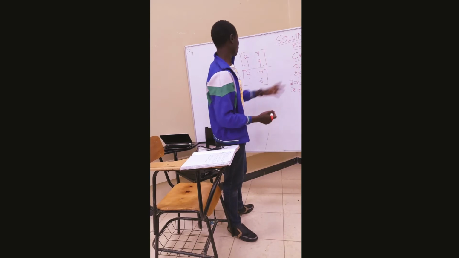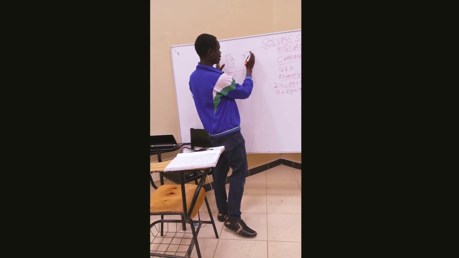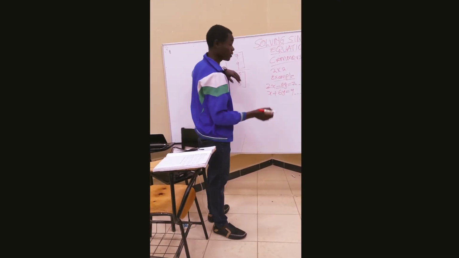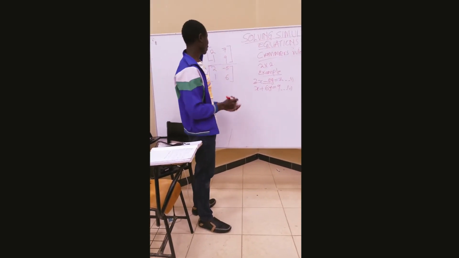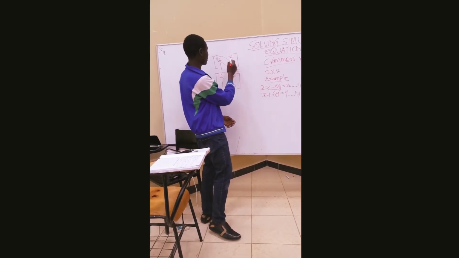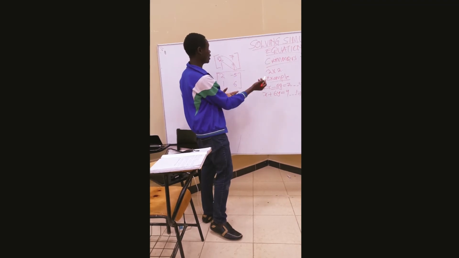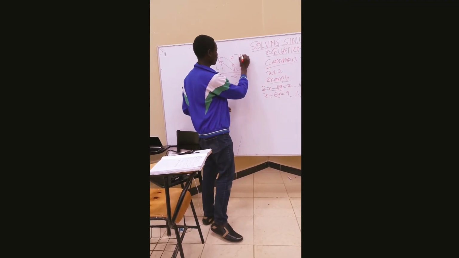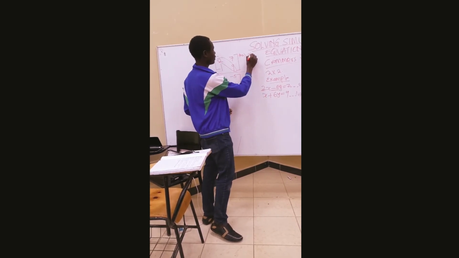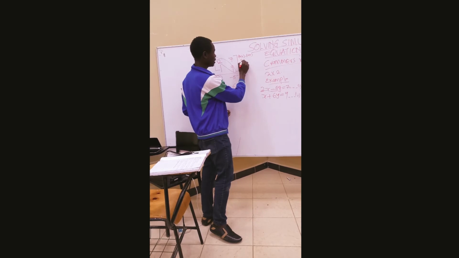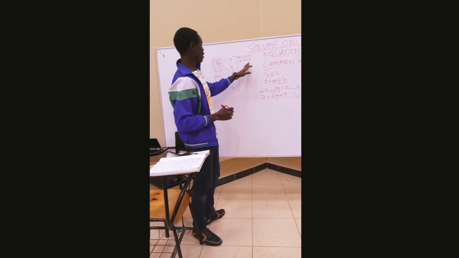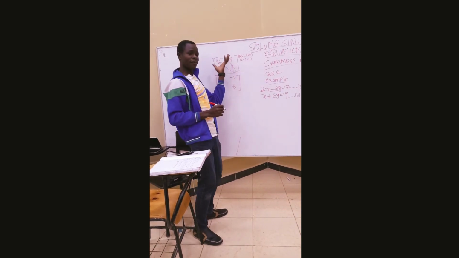So let's get the determinant of the numerator matrix. Getting a determinant, you take the main diagonal minus the product of the secondary diagonal, which will be 9 multiplied by 2 minus 1 multiplied by 7, which is 18 minus 7, which is 11.